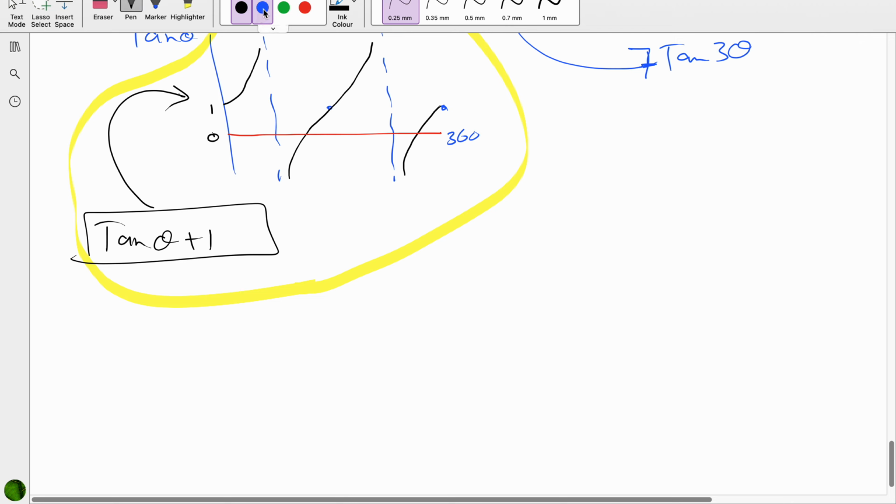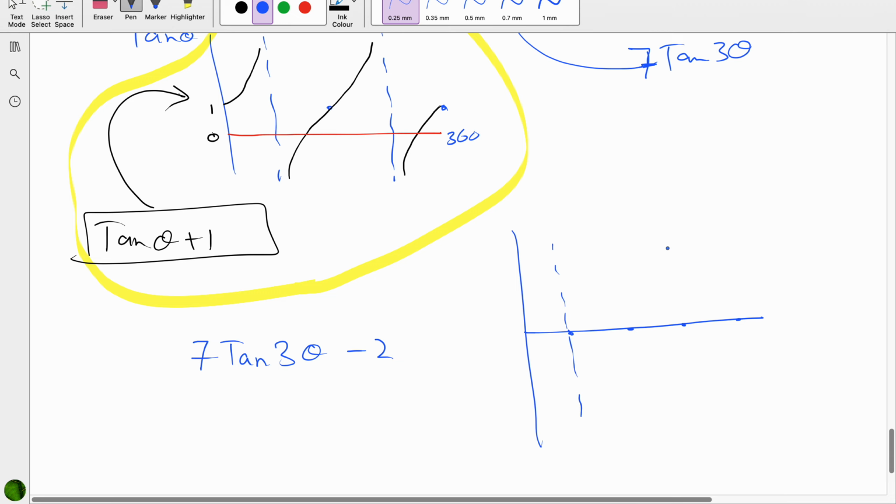So for example, if I have a question 7 tan 3 theta minus 2, what I'll do is, because it is all with pencil, I'll quickly mark these 4 points, draw these dotted lines vertical, draw this sketch.